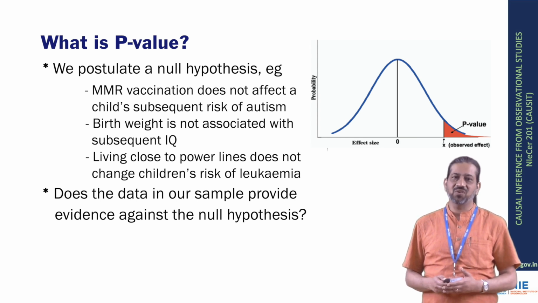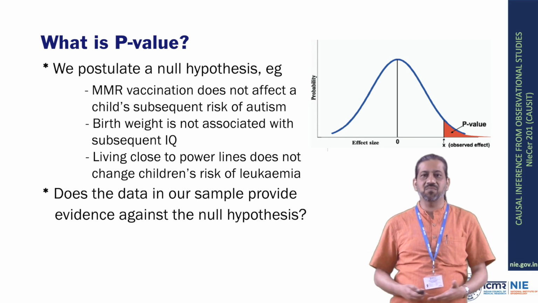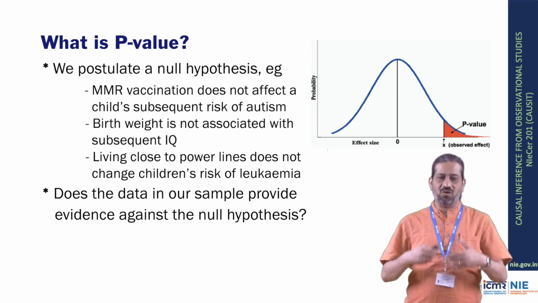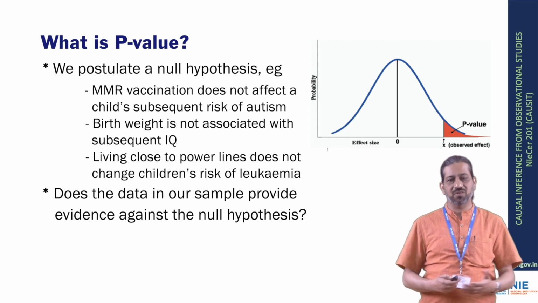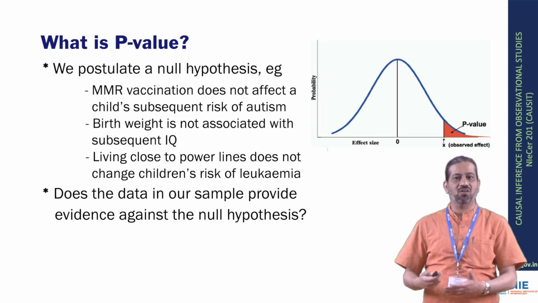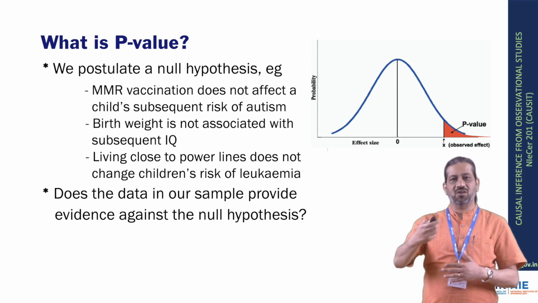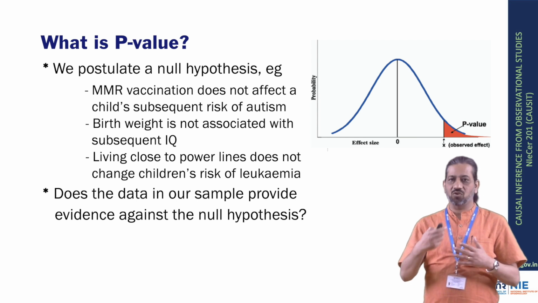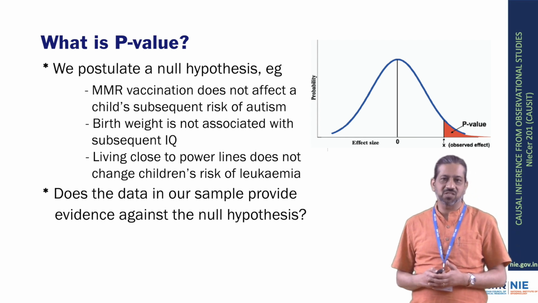And then we estimate the risk of leukemia or the IQ or the autism. We also look at whether people were vaccinated or not, whether the birth weight was above or below a certain level, how close or far people were living from these power lines.